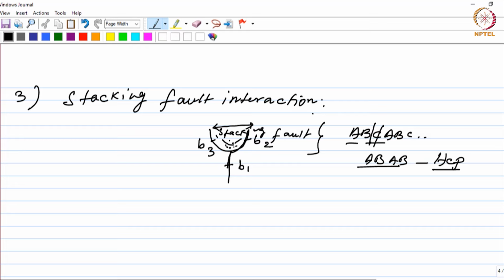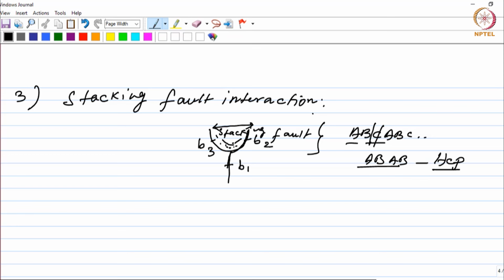And that is what happens when these solute atoms are preferentially segregated along the stacking fault. This width will be maintained. It is not going to decrease, and as a result, the dislocations will find it difficult to move, right? So this is one of the mechanisms by which the solute atoms can restrict the movement of dislocations, by getting segregated along this stacking fault, which is present in the gap between the partials.